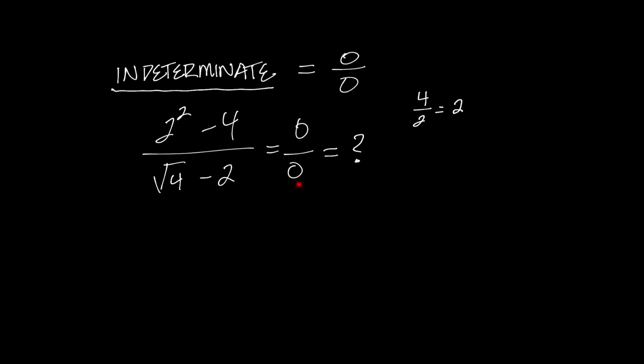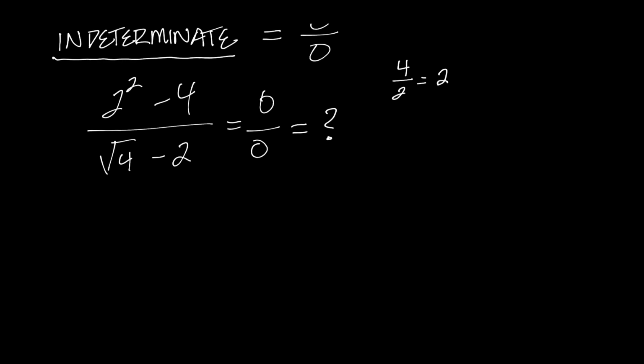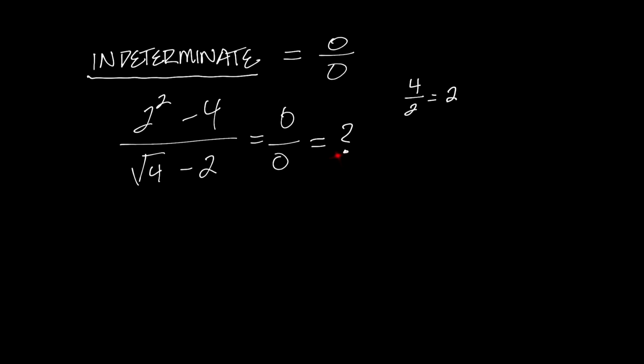Every number times 0 equals 0. It's indeterminate. It's impossible to determine what this number is because any number times 0 equals 0. So it's related but not the same as, back up here, no number times 0 gives me 4. Down here, any number times 0 would give me 0.